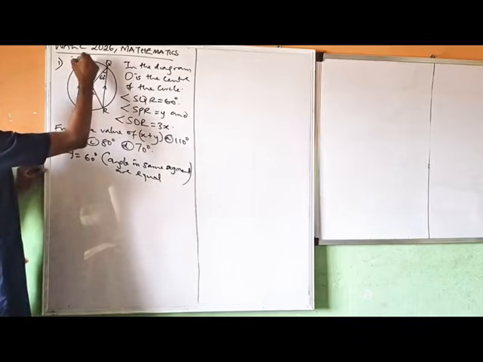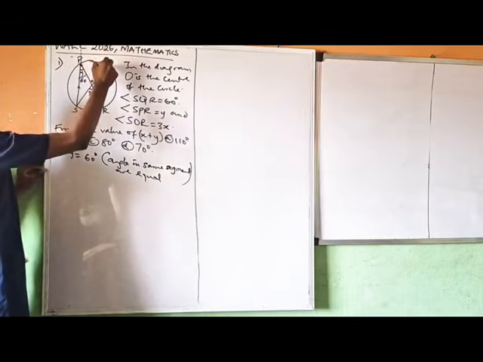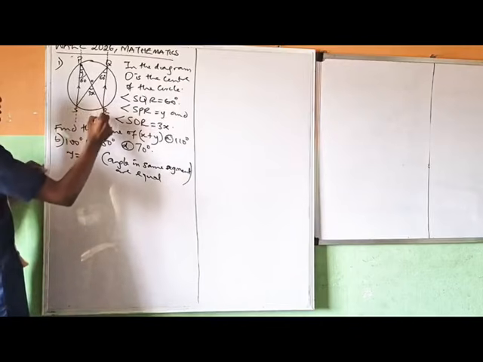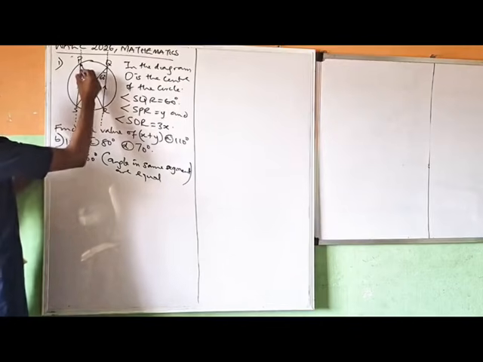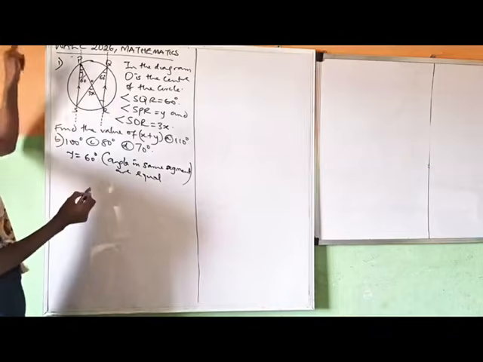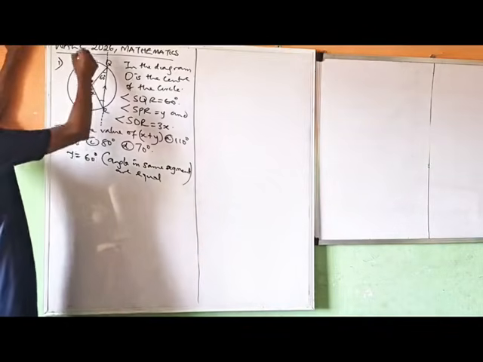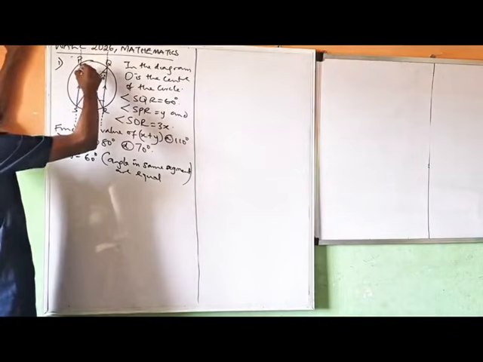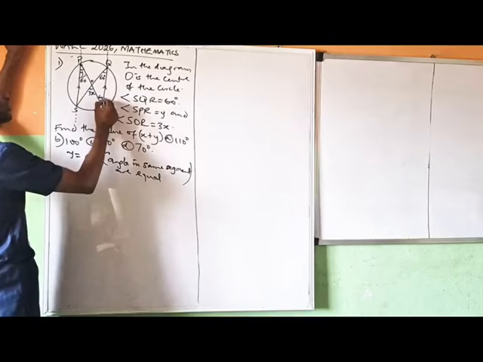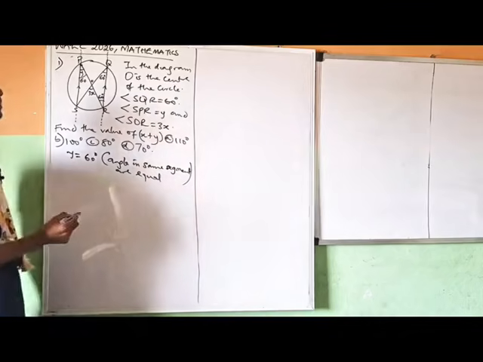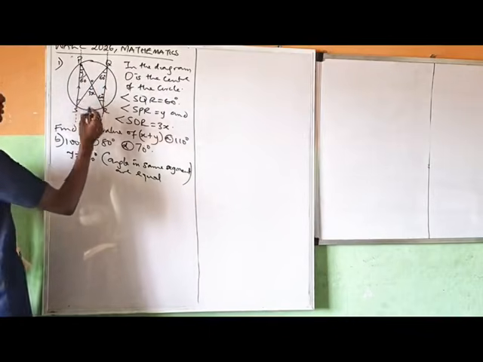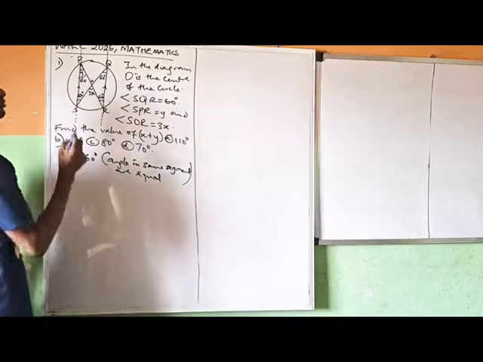If I extend this line upward and this one downward, you will see that this angle and this angle are alternate angles. These are two parallel lines, so if here is 60 degrees, here also is going to be 60 degrees. The same way here and here are alternate angles, 60 degrees as well.